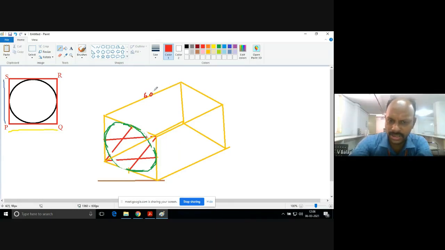Now what to be done? Next step, one more ellipse to be drawn. Just find the midpoints again. Here you can create it easily with the help of a compass. Create one more ellipse.